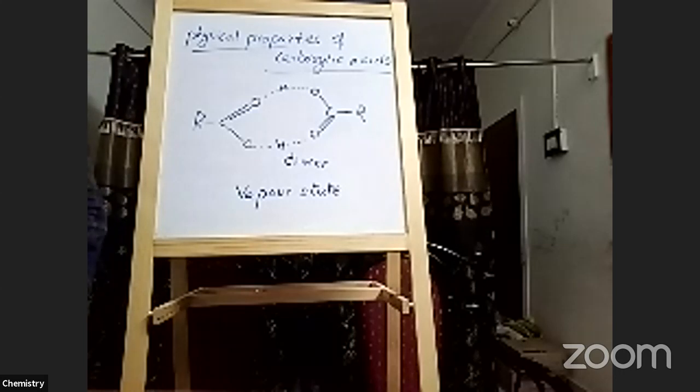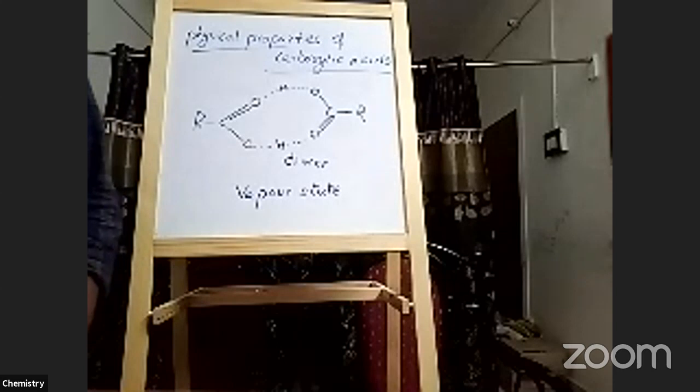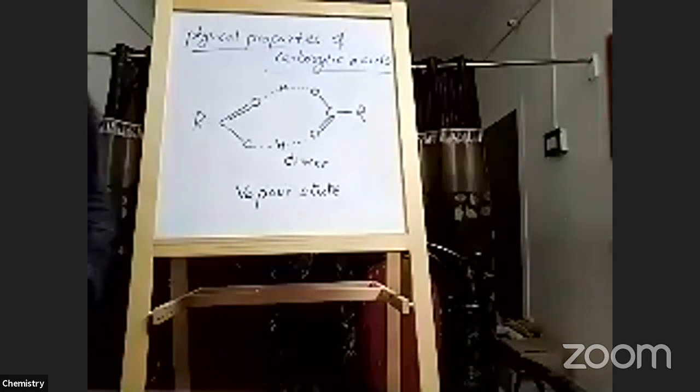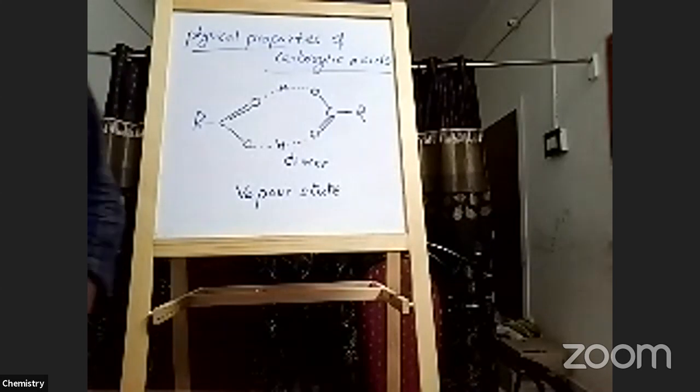So you should remember here, if up to 4 carbons in aliphatic, they are miscible with water. Higher carboxylic acids, that means more than 4 carbon atoms, are not soluble in water. That point you have to remember.